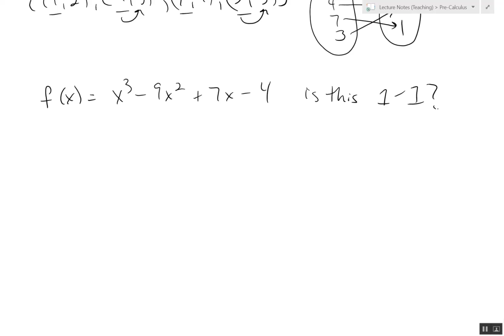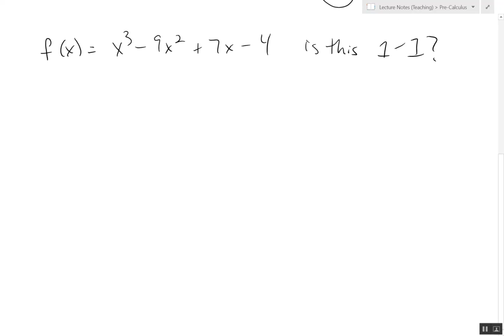It could be, it could not be. I would have to do some analysis on the function to see if it was or not. But just by looking at it, I have no idea, even with all my experience in math. But I do know how to figure it out. There is a way to tell, and let's look at 2 examples here.